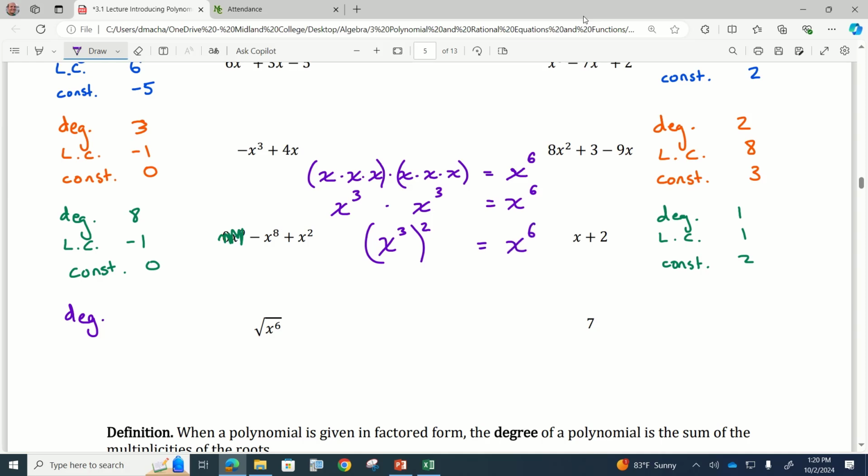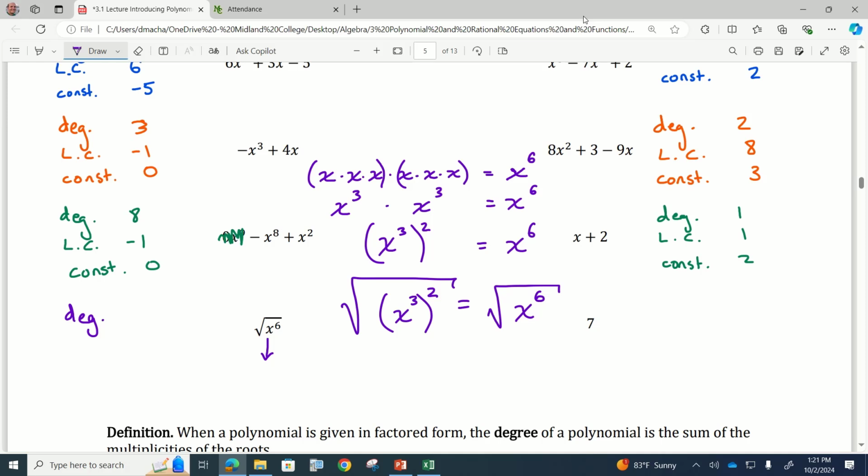And so now down here, if I'm going to take the square root of x to the 6th power, that's like taking the square root of x to the 3rd power squared. But if you take the square root of something squared, then the 2 power and the square root cancel each other out.